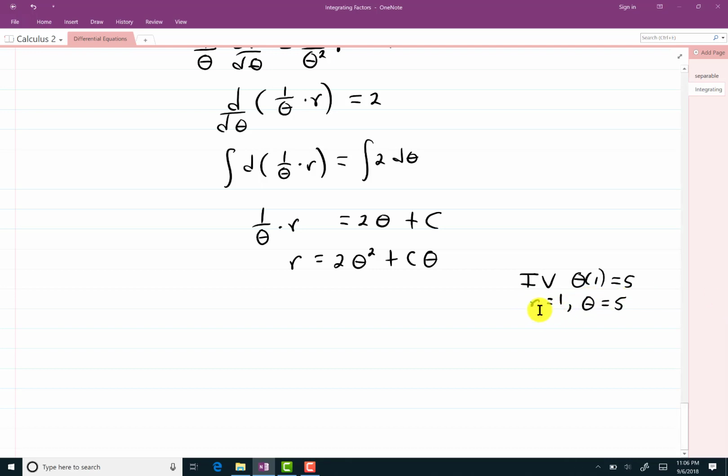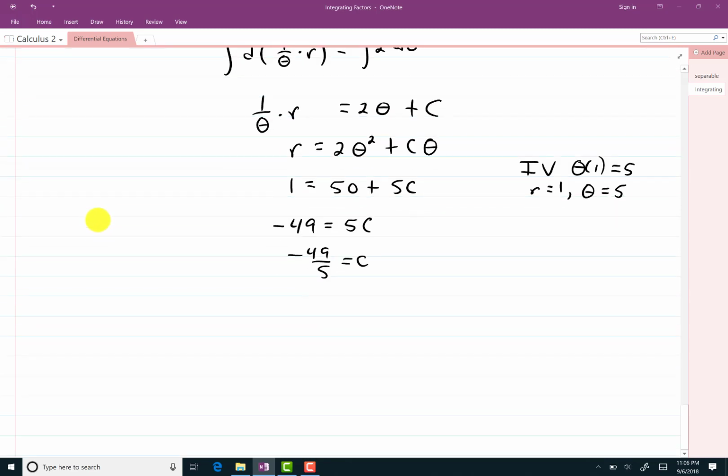Let me plug those numbers in. So I'll put a 1 in for r, then I get 2 times 5 squared, that'll give me 50, plus 5c. That equals 1, so I'll subtract 50. I'll get negative 49 equals 5c. And so my c will equal negative 49 over 5.